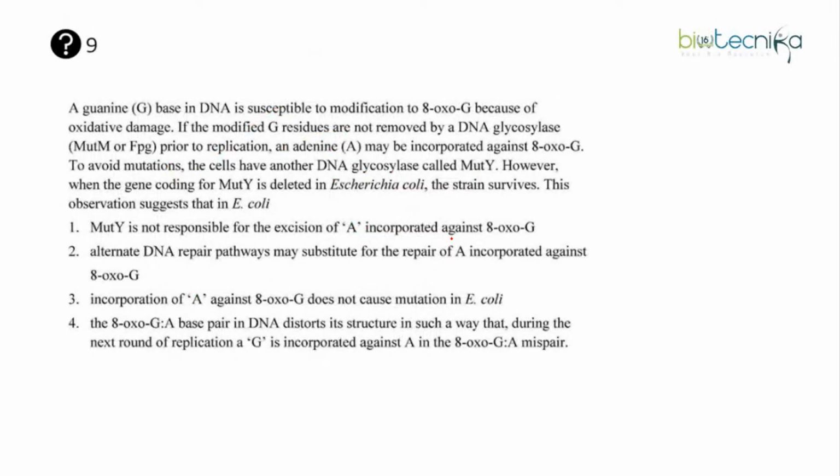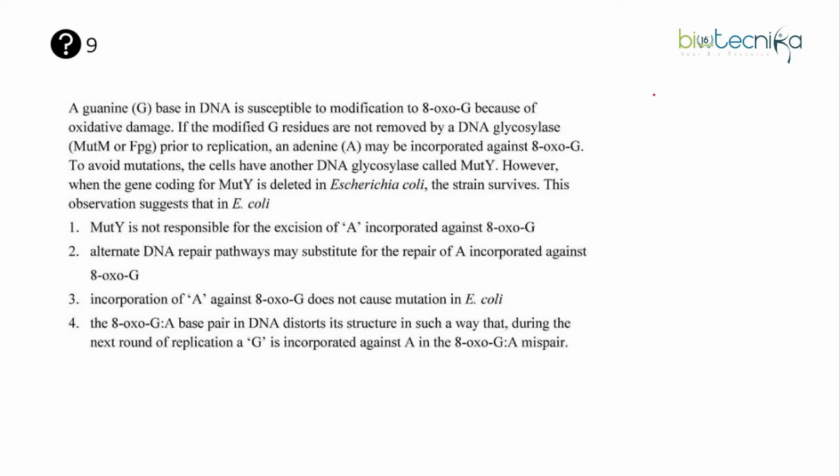Now moving on to question number 9. Question number 9 is saying a guanine base in DNA is susceptible to modification to 8-oxoG because of oxidative damage. If modified guanine residues are not removed by a DNA glycosylase prior to replication, an adenine may be incorporated against 8-oxoguanine.